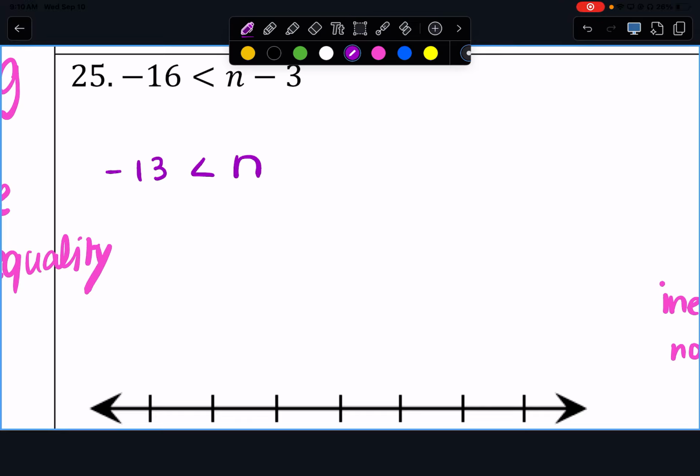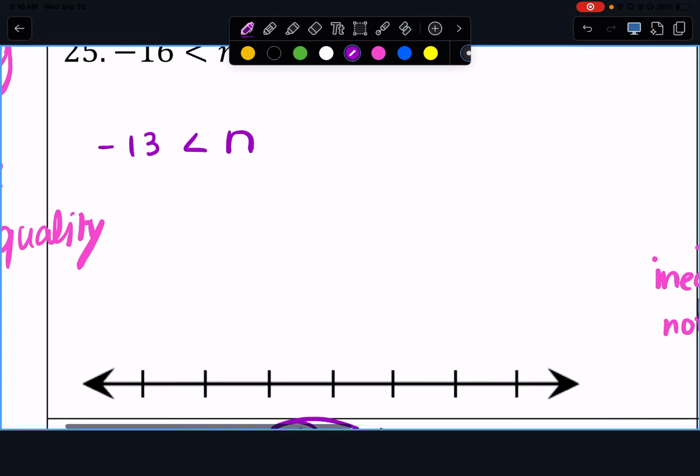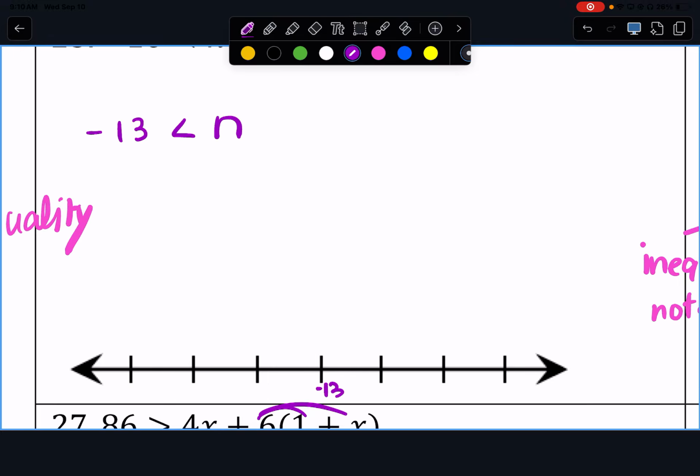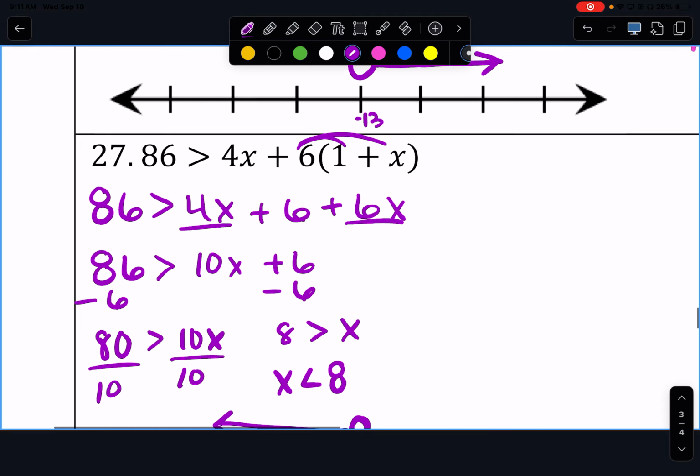In this case, is n bigger or is 13 bigger? N is bigger, right? So that would be negative 13, open circle, to the right or to the left? Right. To the right, because n is bigger. If you need to rewrite that as n is greater than negative 13, take a step and rewrite it so that you don't mix that up.